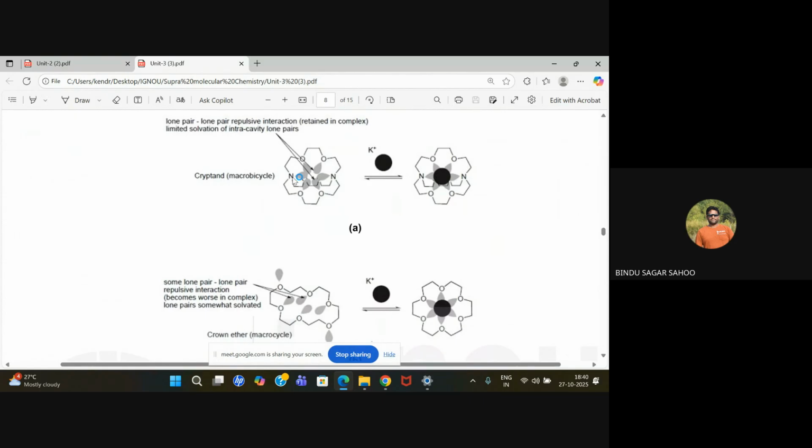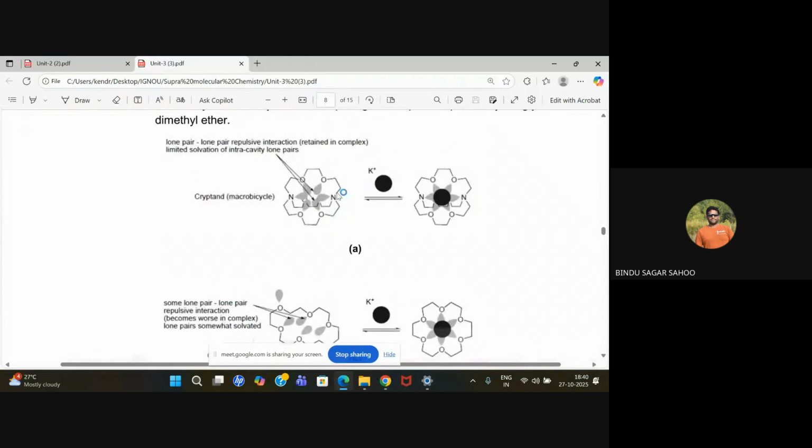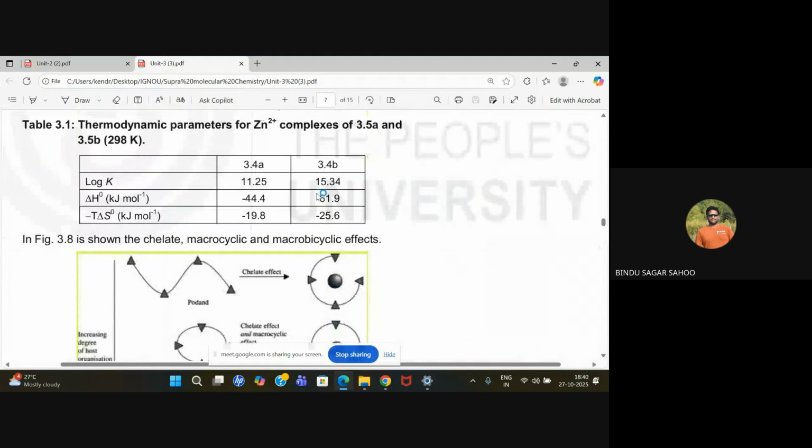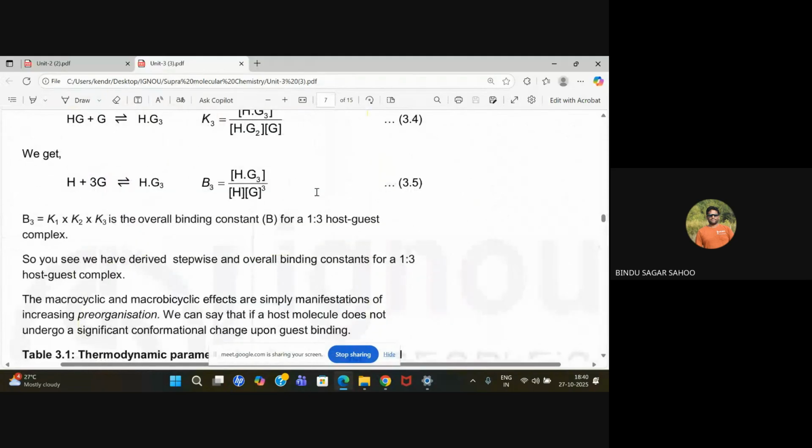So if you compare crown ether with cryptands, cryptands definitely favor more rigidity due to the presence of this bridging unit. When the bridge is present, we can say this is a macrobicyclic ring. So in the cryptand, the rigidity is greater compared to the crown ether.